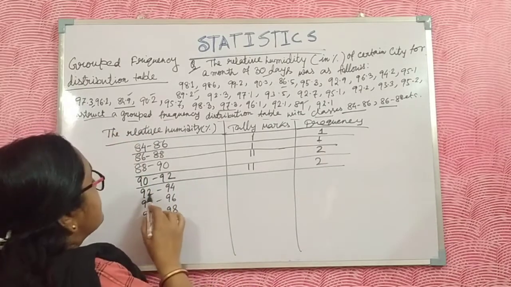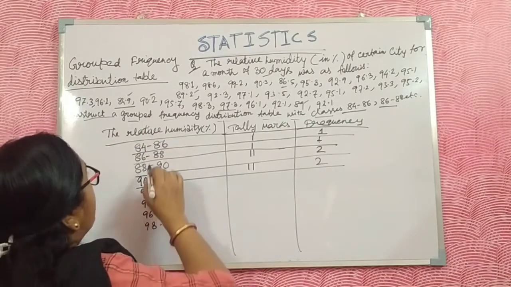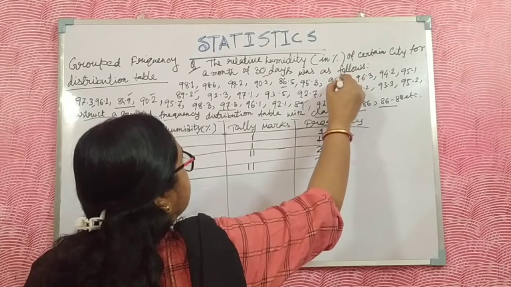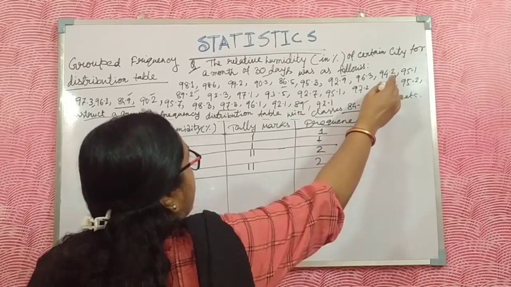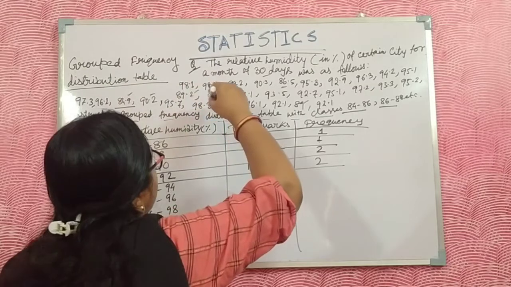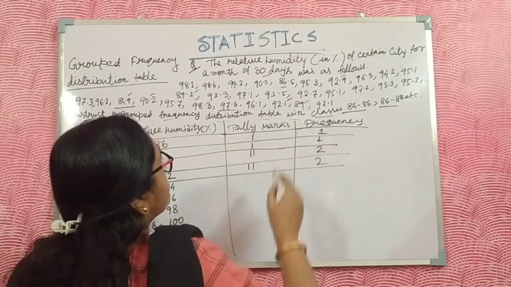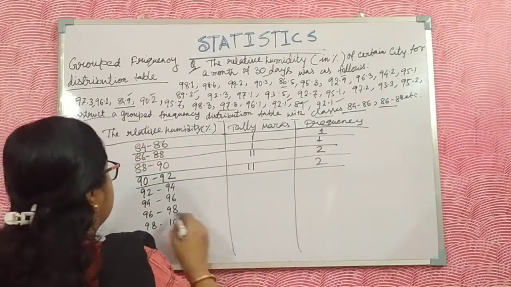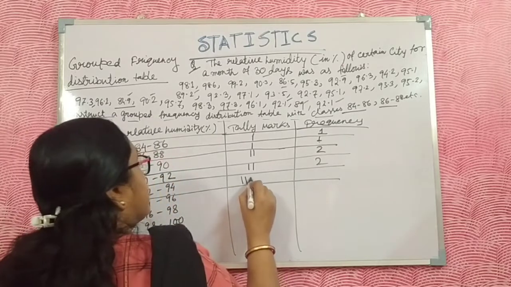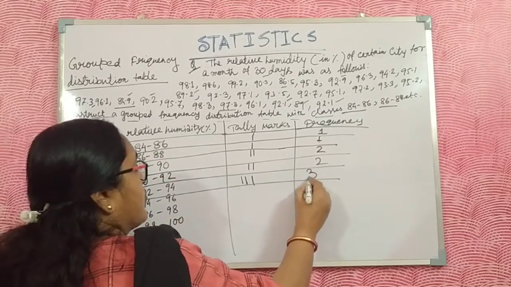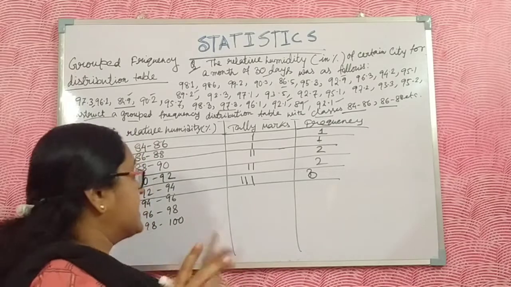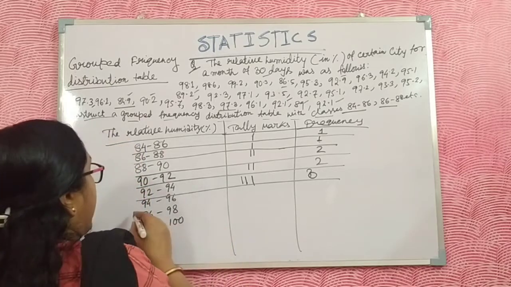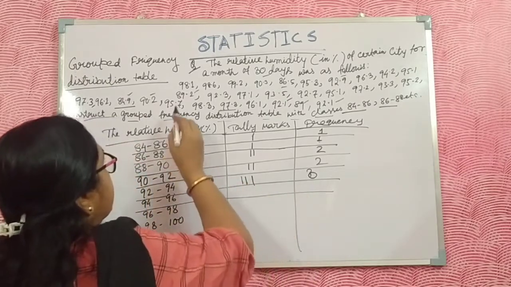Then 92 to 94: you observe the values in 92 to 94, and there are 3 days. The humidity was in the range of 92 to 94 on 3 days in this class. Then 94 to 96: how many days?